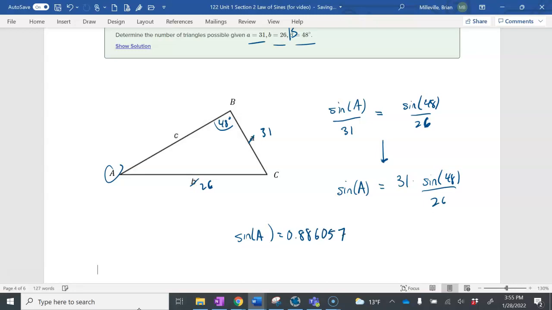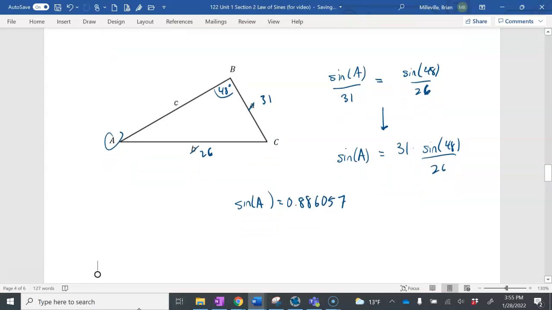Carry lots of accuracy there. This is not our final calculation, so make sure you carry enough decimal points first. We can always round later. Now we're going to do inverse sine. To find one of the possible solutions to this equation, there are lots of solutions to the statement sine of your angle equals 0.866057. One of them we can find using the inverse sine.